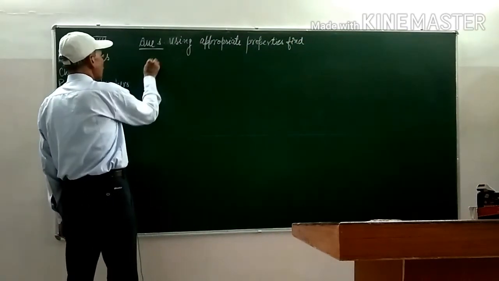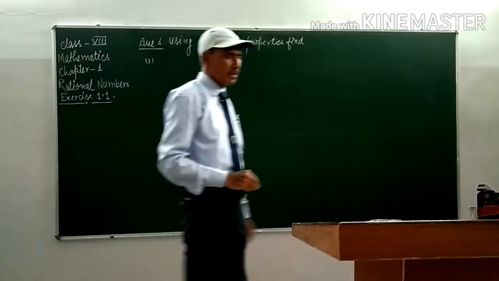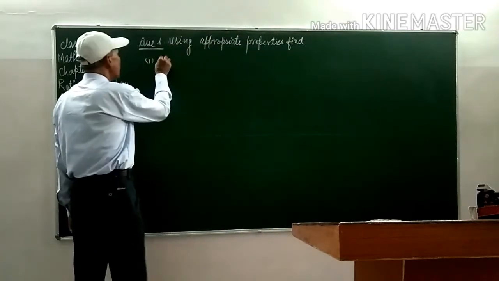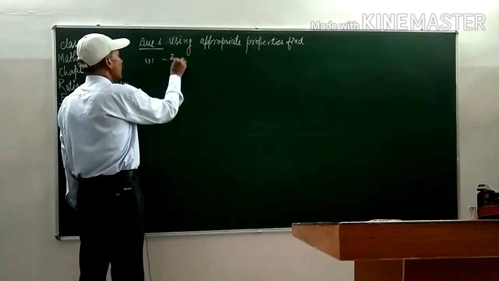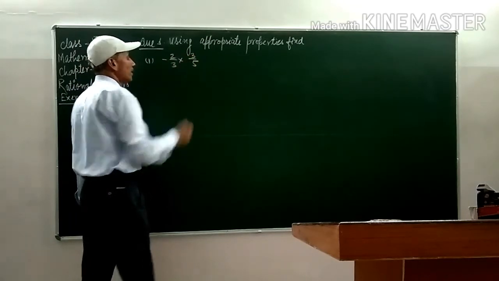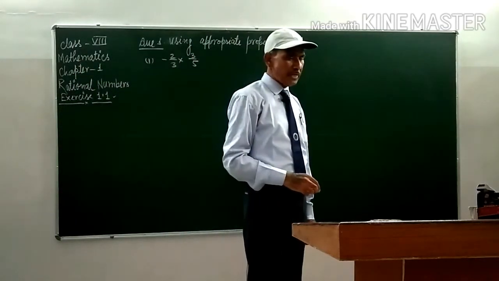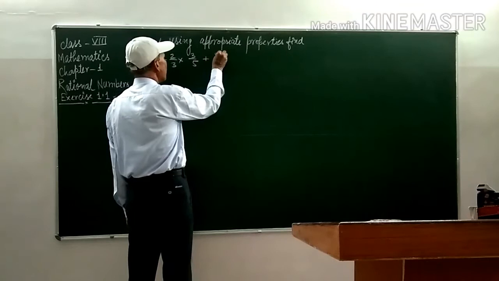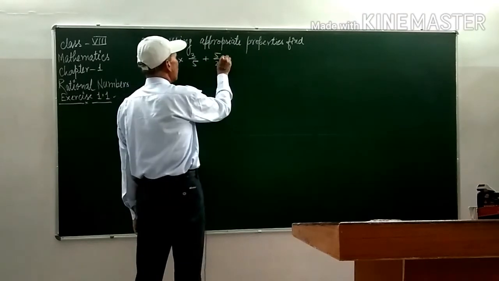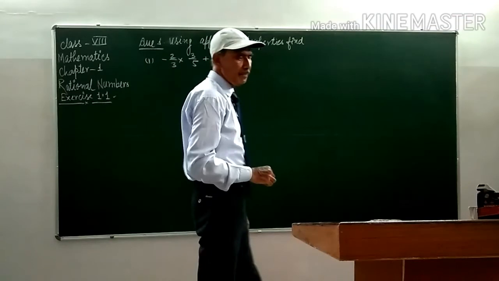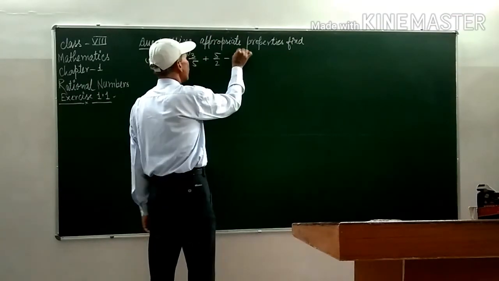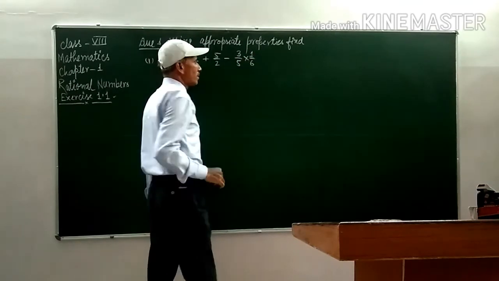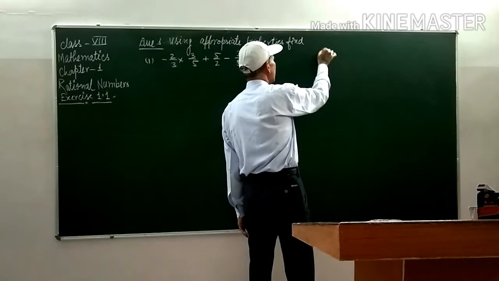The first question is minus 2 by 3 into 3 by 5 plus 5 by 2 minus 3 by 5 into 1 by 6.